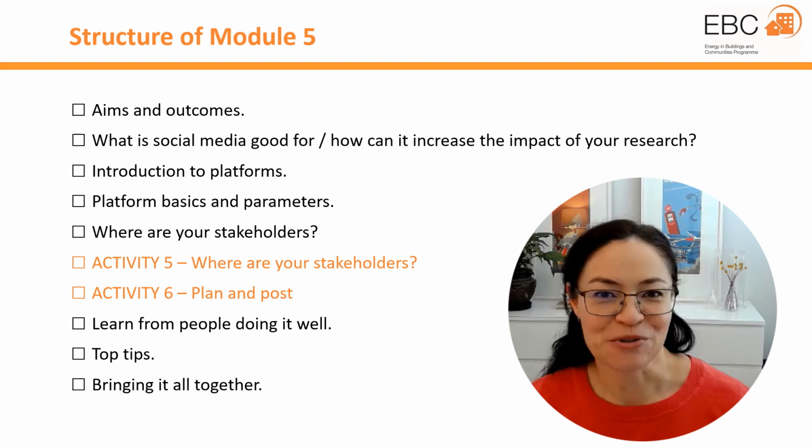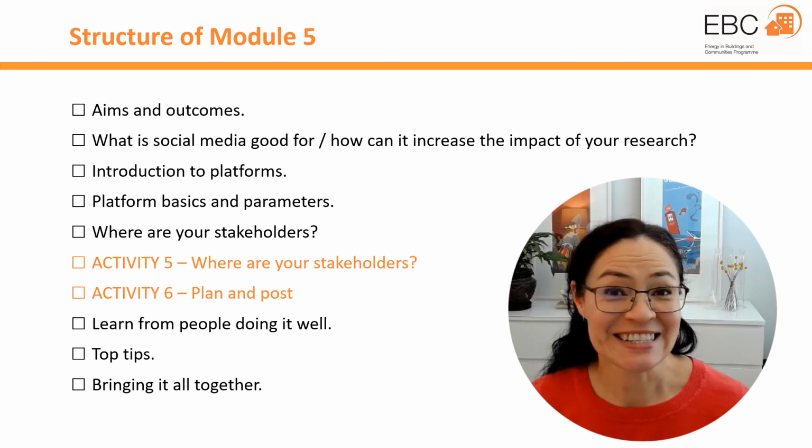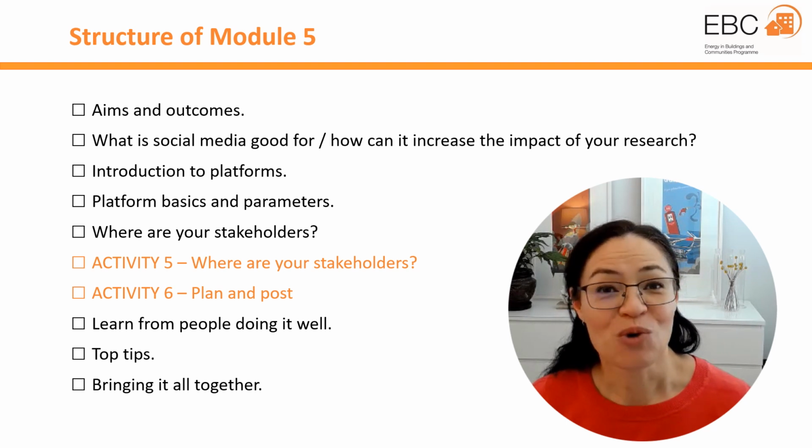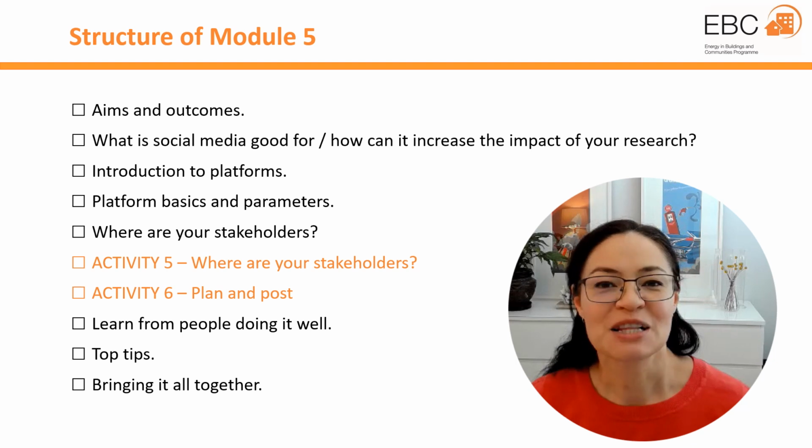Here is an overview of the structure of Module 5. As with other modules, we will start with the aims and outcomes. We will then explore what social media is, how it is useful, what it is good for, and how using it well can increase the impact of your research. You'll get an introduction to which platforms are which, the platform basics and their different parameters.